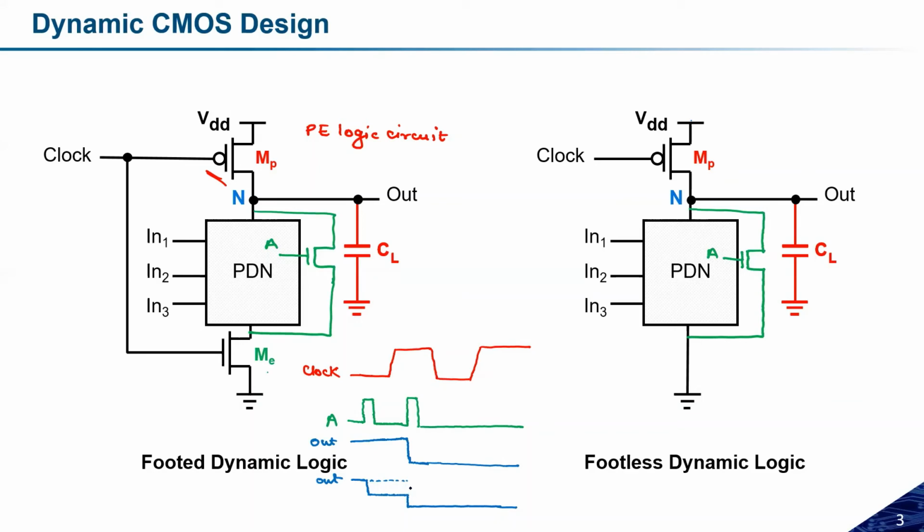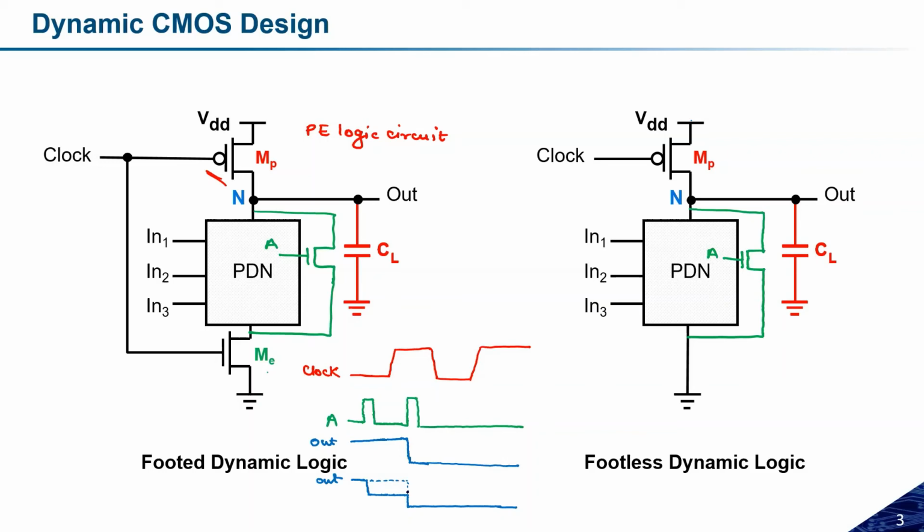So this can be restored in two ways. One is the level restorer, which we have studied before, and the second possibility is changing the sizing of these transistors. So this is the solution. There are two possibilities: we can use the footed or the footless transistors.